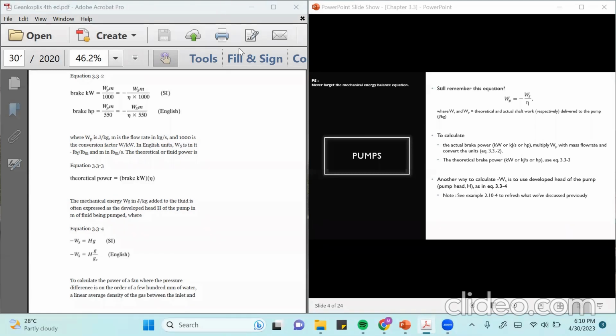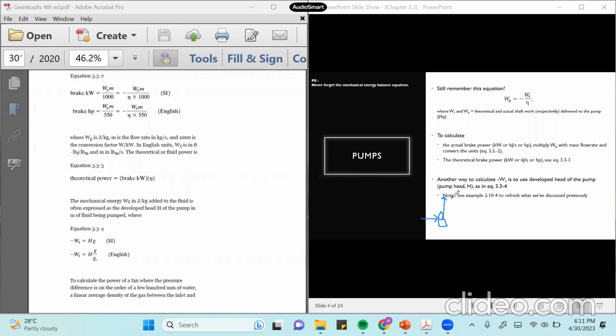Please wait. Okay, let me try. If I have a pump like this, and a fluid flows into the pump, the pump will force the fluid to go up.